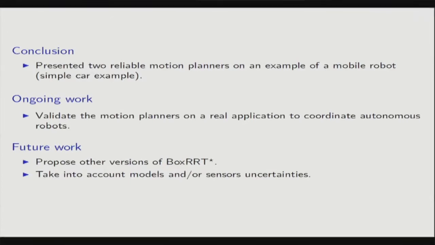And we want to improve this version of BoxRRT star, because we are working with boxes, and because of the pessimism of interval analysis, if the uncertainty is too big, then the states will be too big, and we will not be capable of arriving in the final set of states.